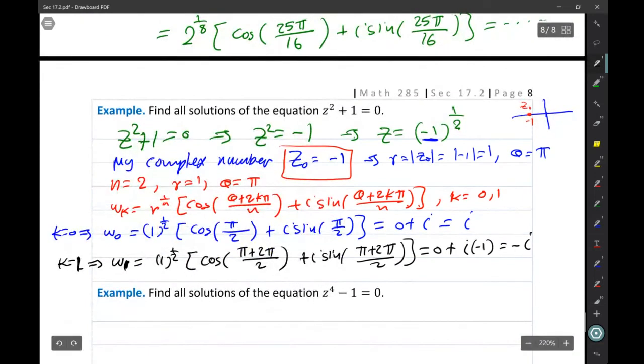So the only two roots, or the solutions here, z equals minus 1 to the power half, are either i or minus i. And of course here we have to take both negative and positive roots.